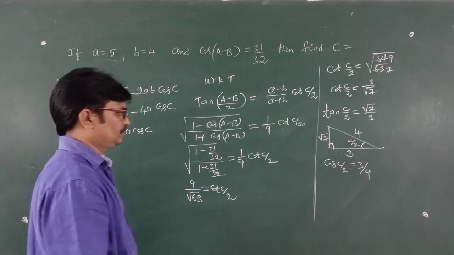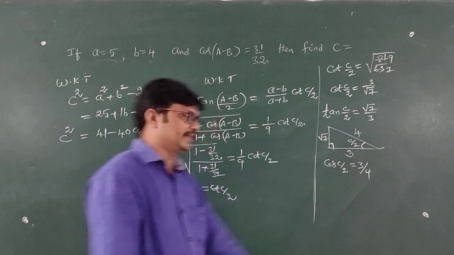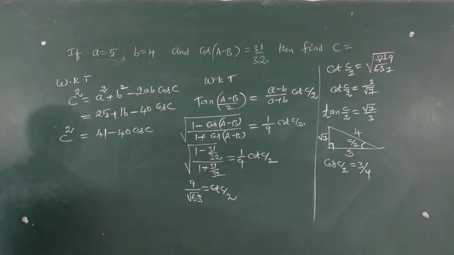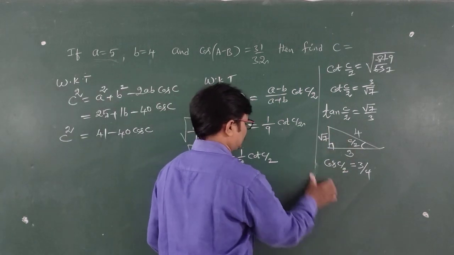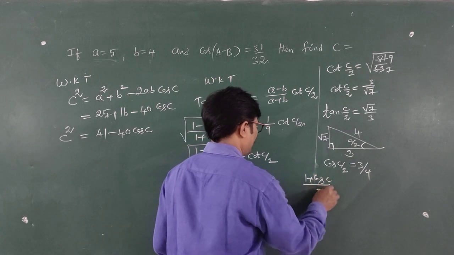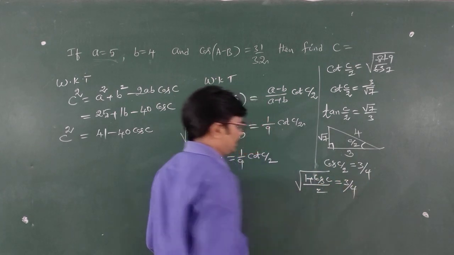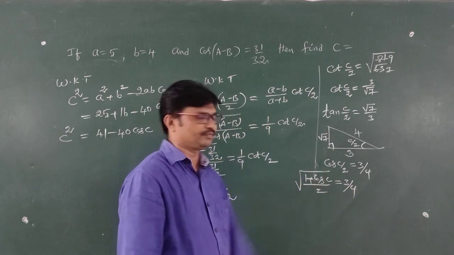Dear students, we have to know that cos of C/2 can be written as under root of (1 + cos C)/2. This is 3 by 4. Is it clear? Under root of (1 + cos C)/2 is the cos of C/2.